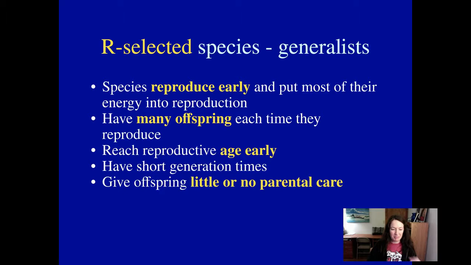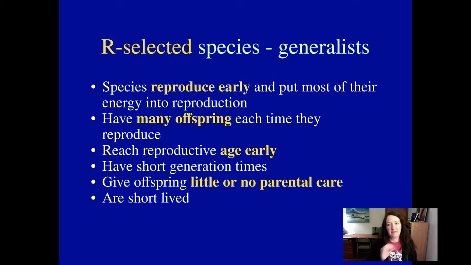So they're basically born and the young are off to do survival or not. And once again, I mentioned that they can sometimes be called your generalist species because they're very much capable of surviving in many environments because of these characteristics about them.